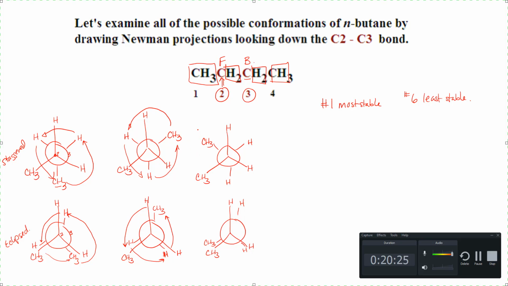Now, what is destabilizing? What's the unstable interaction or destabilizing interaction? The destabilizing interaction is when you have two non-hydrogen groups that are basically next to each other. And what I mean by that is one's on the front carbon and one's on the back carbon. So this is what is called gauche. So when you have two non-hydrogen groups next to each other, they are called gauche.